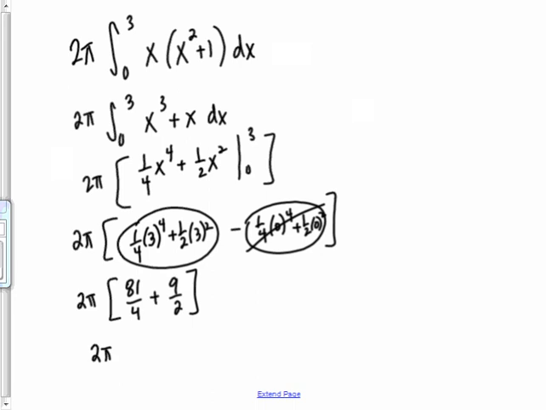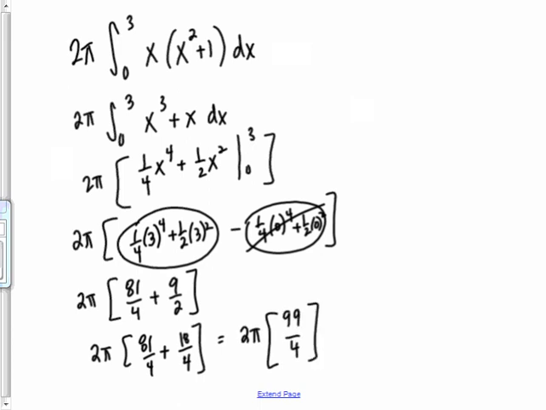If I get a common denominator of 4, that would be 18 over 4. So I get 2 pi times 99 over 4, and then I can cancel out. 2 goes into 4 2 times, so I get 99 pi over 2.